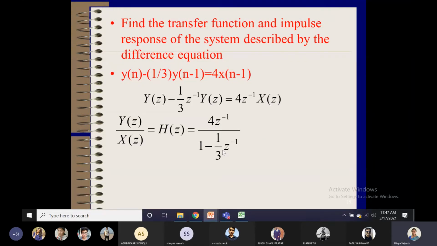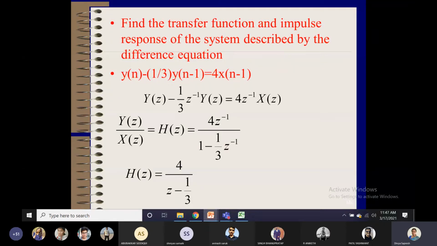To obtain the inverse z transform, we have to get it into the general form. So let us rearrange it so that you are getting h of z as 4 upon z minus 1 by 3. That is 1 upon z minus a, so your a is 1 by 3.